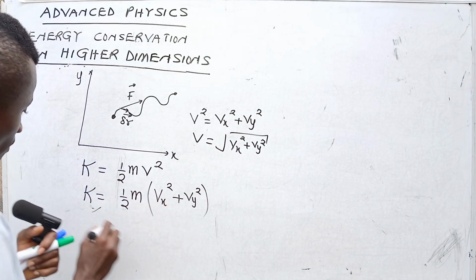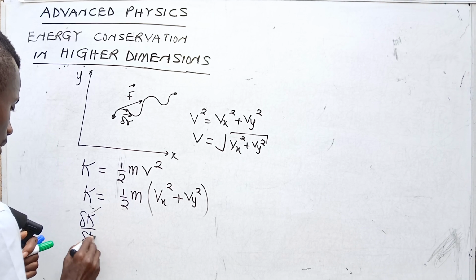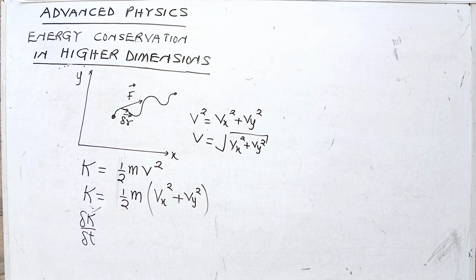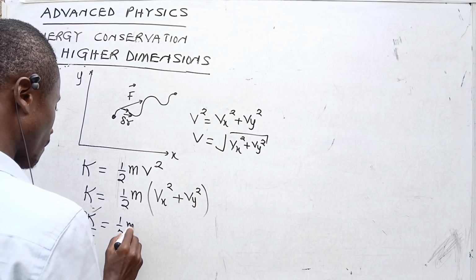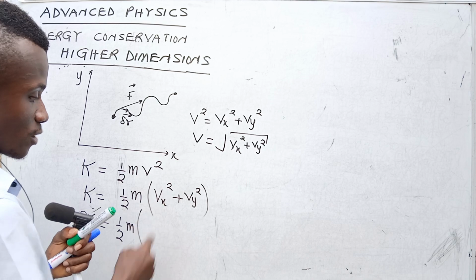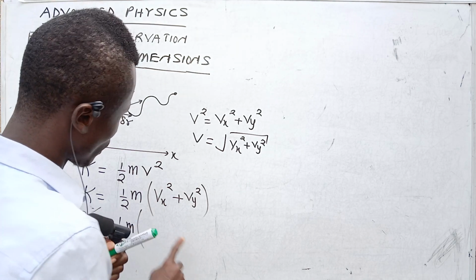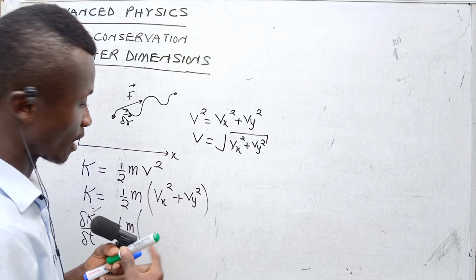With respect to time, we have dK/dt to be equal to half m into bracket. Then we differentiate v squared. We need to be careful. You have to differentiate the outside, then differentiate the inside with respect to time.